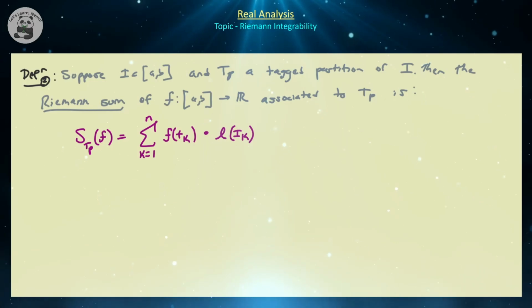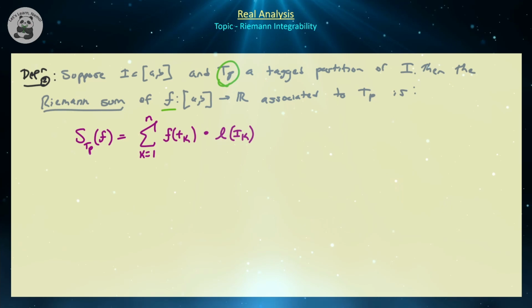So now let's get into the real fun stuff. Let's again take our closed and bounded interval I, and let's assume we have some tag partition TP of I. Then we call the Riemann sum of the function f, which maps the closed interval AB to the set of real numbers, associated to this particular tag partition, given by this finite sum. So keep in mind, if I change my tagged partition, even though my function may still be the same, the associated Riemann sum will likely be different, right?